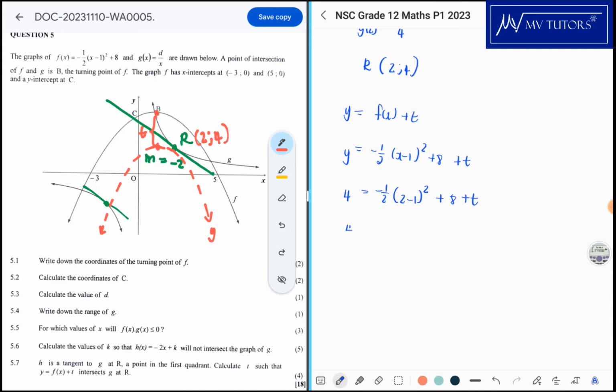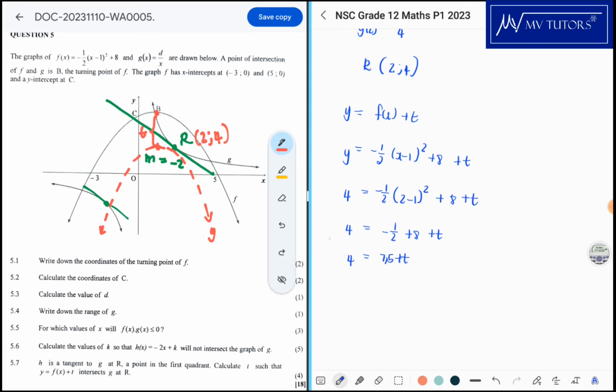Alright, so we have 4 this side. And we have 2 minus 1, which is 1. 1 squared is just 1. So we have negative a half plus 8 plus t. And that's basically 7.5.